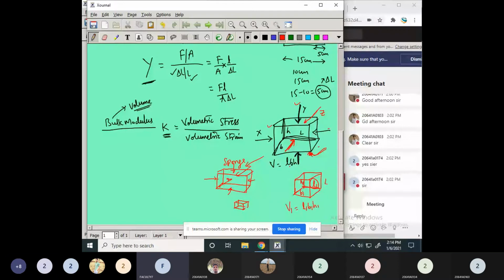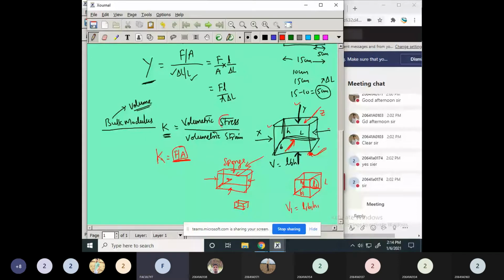Okay, so now the same thing here. If you consider the bulk modulus, or volumetric modulus, or hydraulic modulus, what you can give here is the force applied per unit area. So the stress remains the same here. Even though you are applying forces in all directions, the indication remains the same. What does stress actually mean?